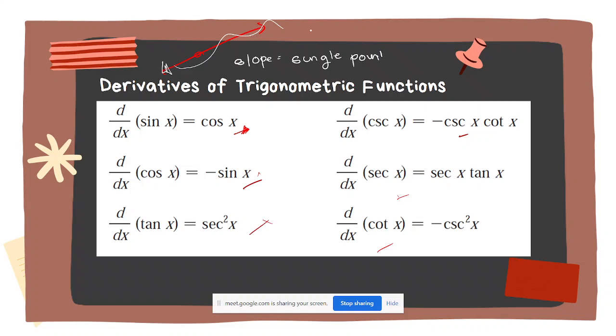So basically, hindi lang dapat ako kukuha ng isang point dito, hindi lang dapat ako kukuha ng isang point dyan. Kailangan yung makukuha kong derivative is an estimate of the slope of the whole function.